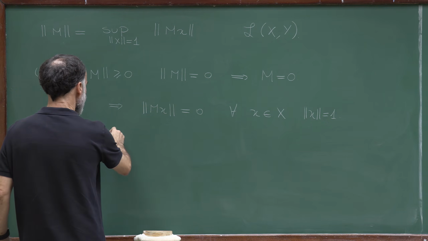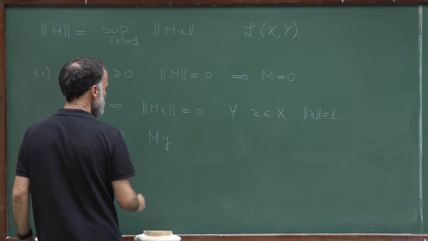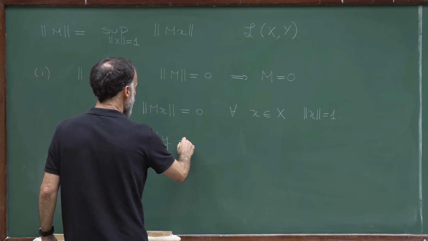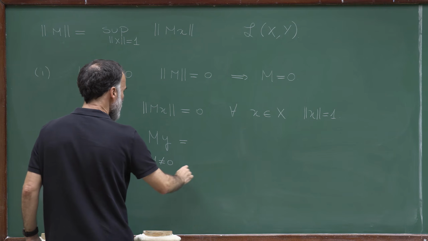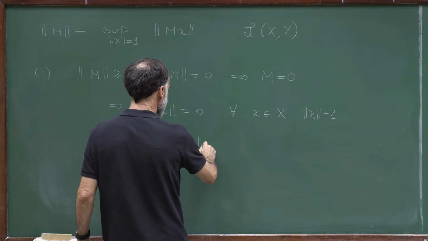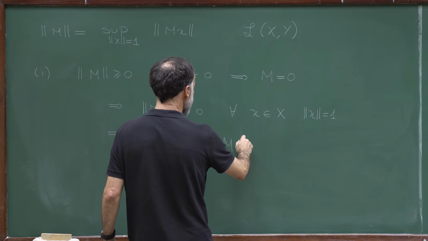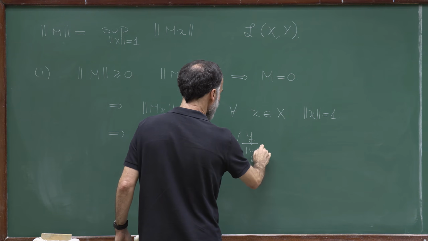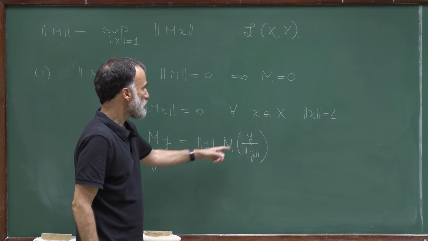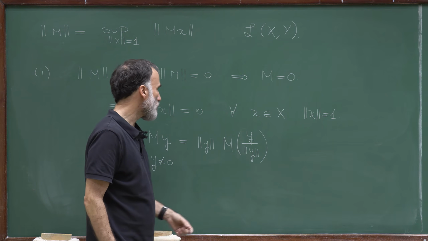But this means that if I take y different from 0, I can, by linearity, rewrite M of y as the norm of y times M of y divided by the norm of y. So y divided by the norm of y is an element of X which has norm equal to 1.